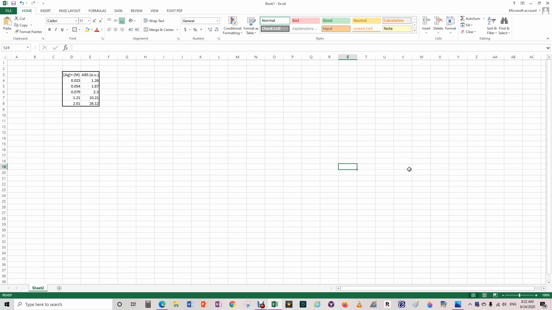We have a column, number one, which is the concentration of silver 1 plus ion in the units of mole. Remember, you always have to include the units right here. The second column is just absorbance, which is one technique you will be using later on this quarter, and those are the intensities.